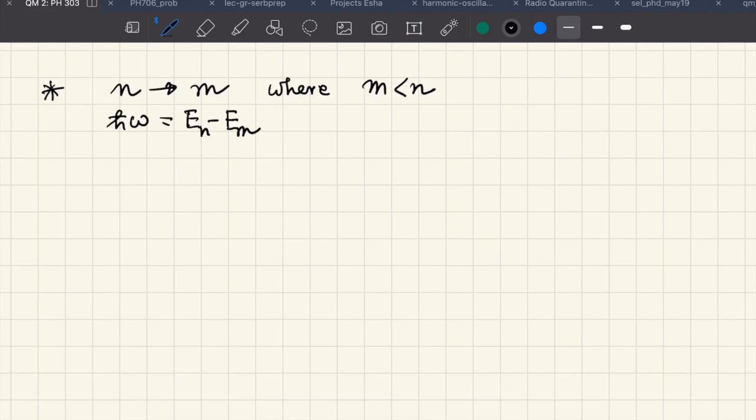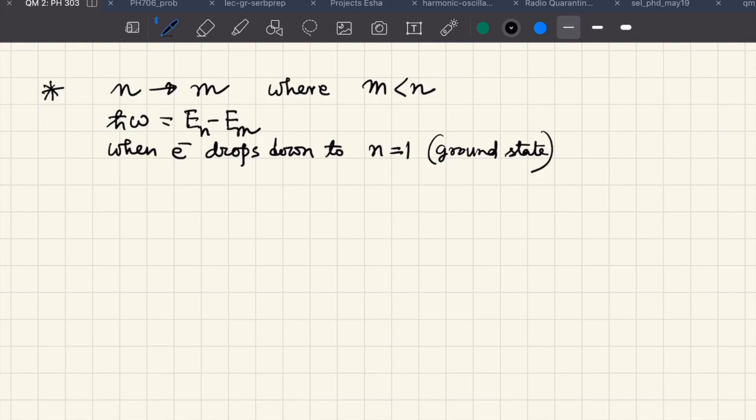And you also know that when the electron drops down to n equal to 1, which is nothing but the ground state, the resulting spectral lines are called Lyman series.